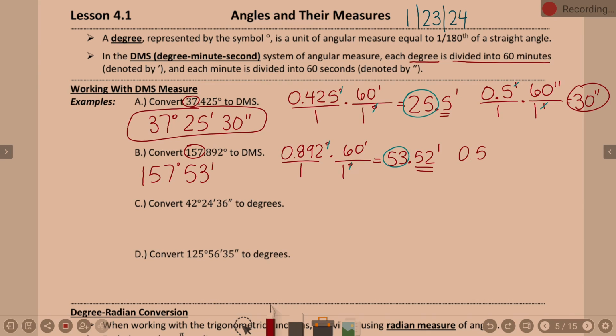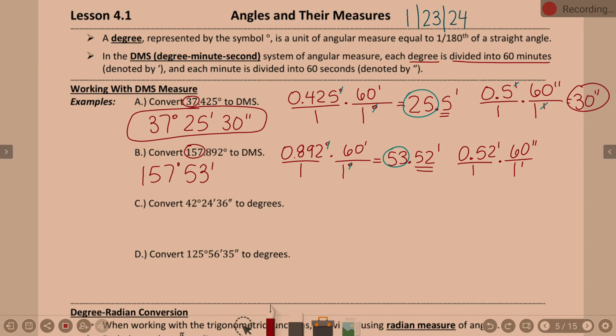0.52 minutes. And here is where I gave you a method because do you know what 0.52 minutes is in terms of seconds? It's not as obvious as the last one, is it? So 0.52 minutes. What do we know about the relationship between minutes and seconds? There's 60 seconds in 1 minute.